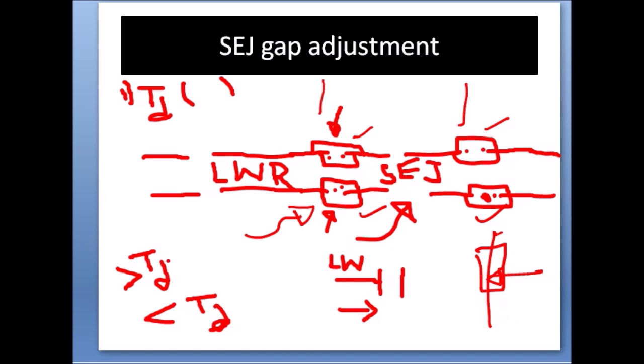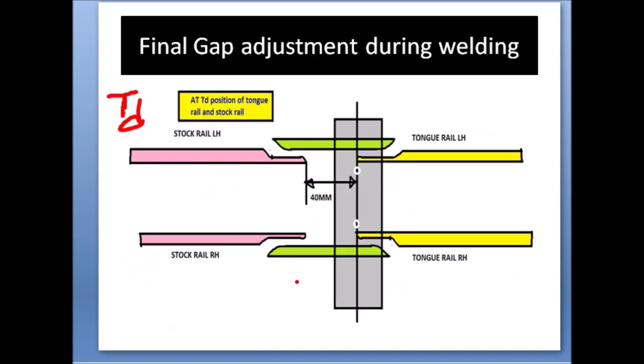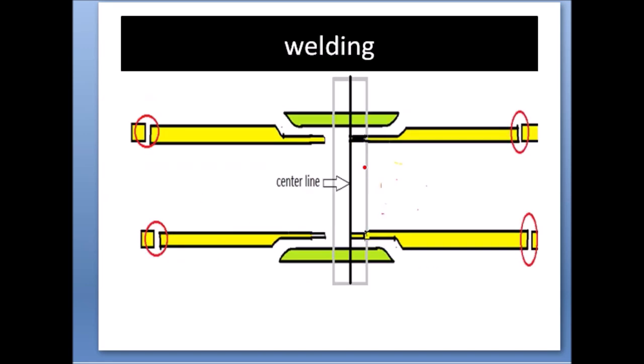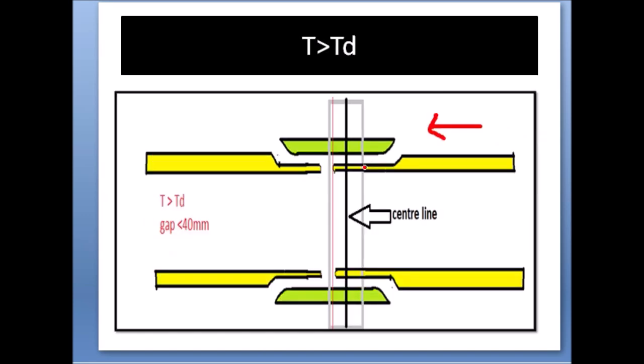When the temperature is more than TD or less than TD, the position will be different. At TD, this is the position of the tongue rail. When the temperature is more than TD, there is expansion. As a result, the gap should become lesser, and the tongue rail should move from the mean position towards the stock rail.